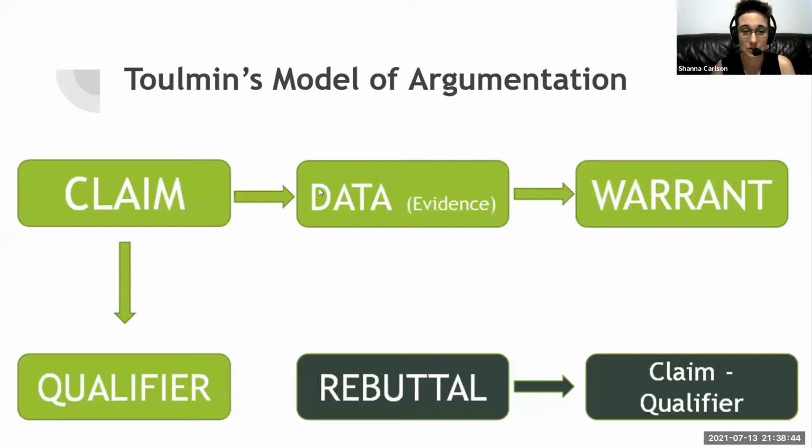So Toulmin's Model, what is it? Well, argument and how to make an argument is as old as time. You can go back to ancient Greece with Cicero and Quintilian and Plato about, how do we make an argument? How do we convince people to believe what we have to say? Toulmin is one of the more contemporary ones.